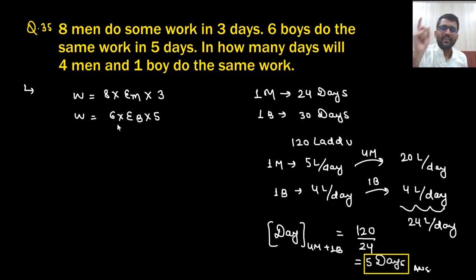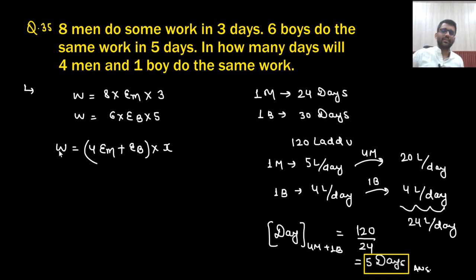So the work is 6 boys working for 5 days. Now, in how many days will the work be completed? The work is the same. They are saying, in how many days, 4 efficiency of man plus 1 efficiency of boy, how many days would it take? This is the task.